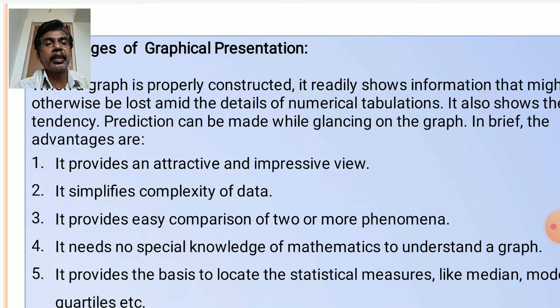It attracts the businessmen and other people, and impresses them. By just seeing, we can understand the statistical data clearly, and it saves time and energy. By looking into the graph, we can analyze things and understand clearly what statistical data is presented in it.